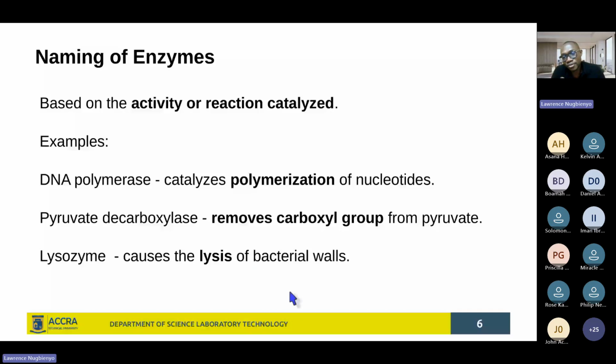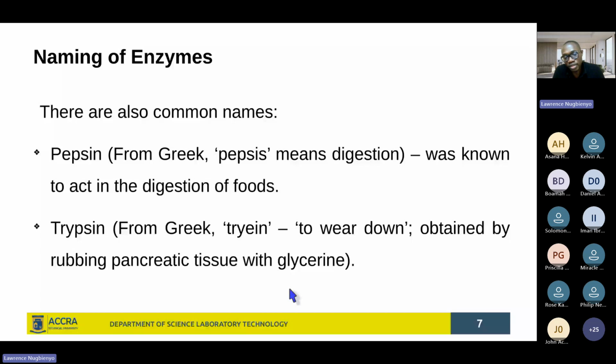But there can also be some common names which do not follow any of the systems that we have looked at. So for instance, pepsin. Pepsin is a common name. It's one of the first enzymes that were discovered, studied, and separated from digestive juice.